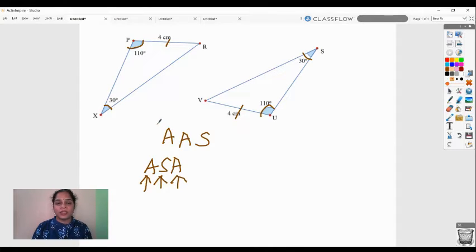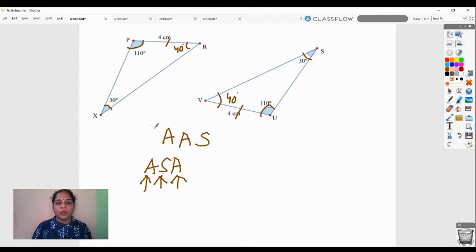Let's rethink again. If this is 110, this is 30, with angle sum property, we could say this is 140. That means surely this is going to be 40 degree, and similarly, this is going to be 40 degree.